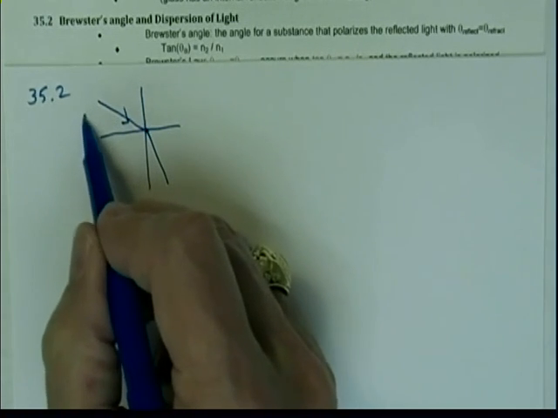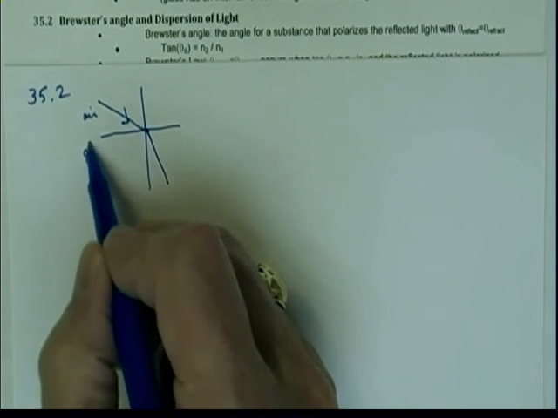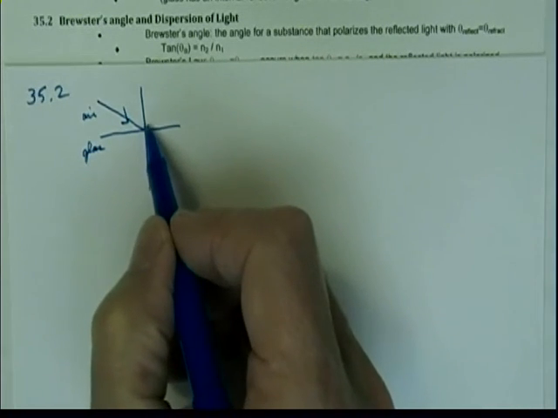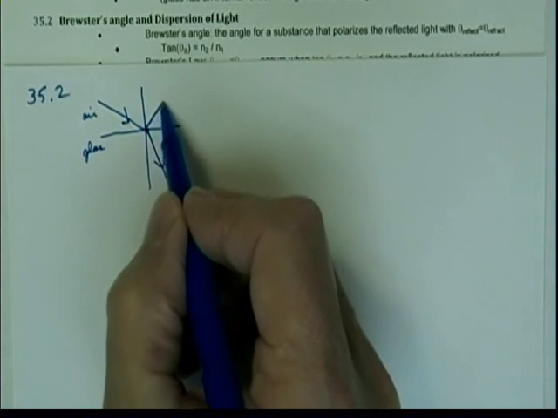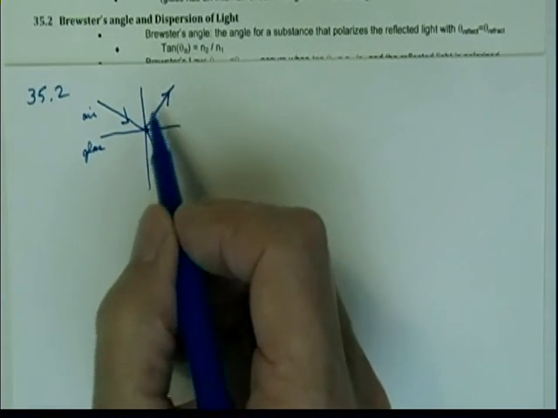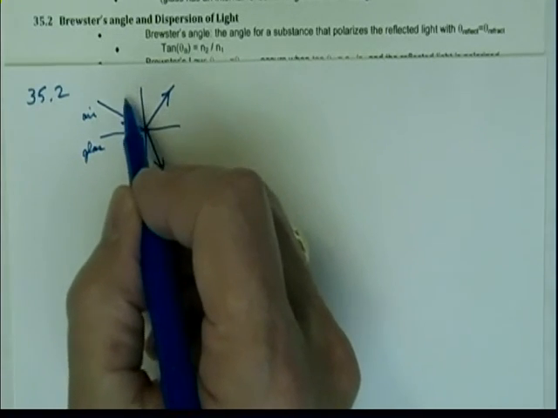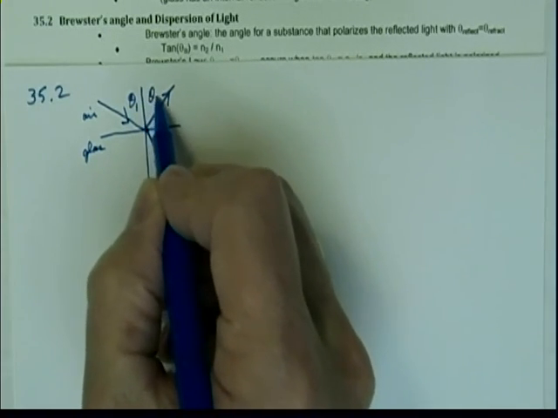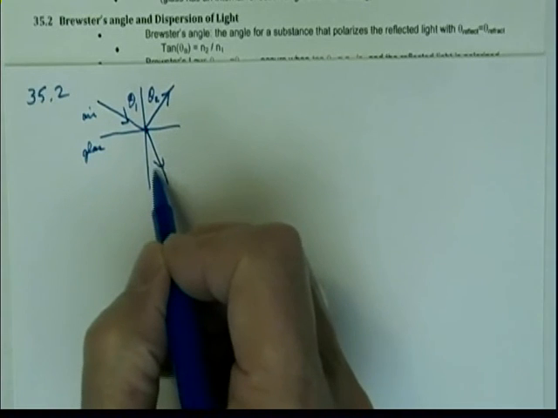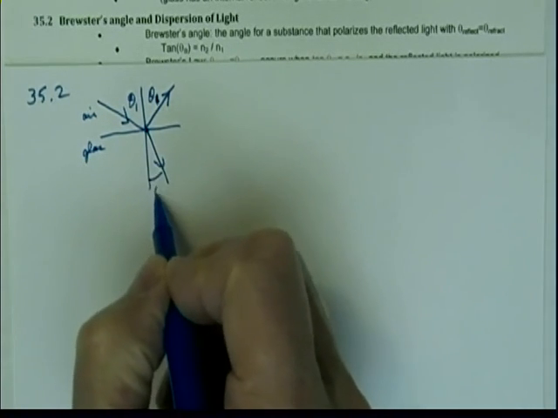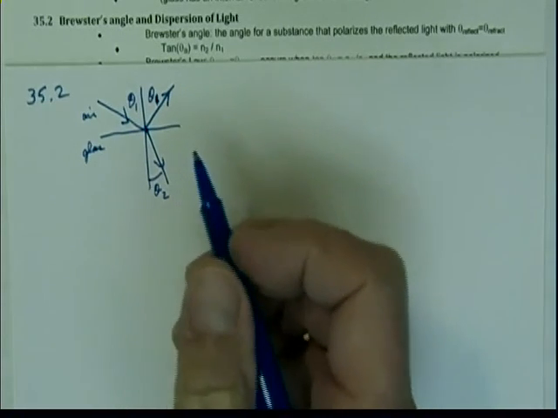If this is air and this is, say, glass, part will be bent back this way. The other part will be reflected, so it'll go off in this direction. If this is theta 1, then this will be theta 2. I'm sorry, this will be theta 1 also. This angle down here will be theta 2.